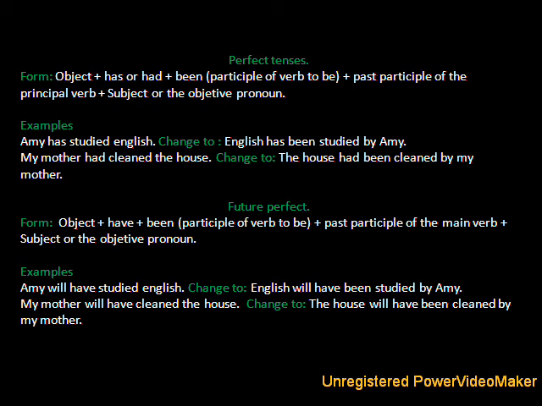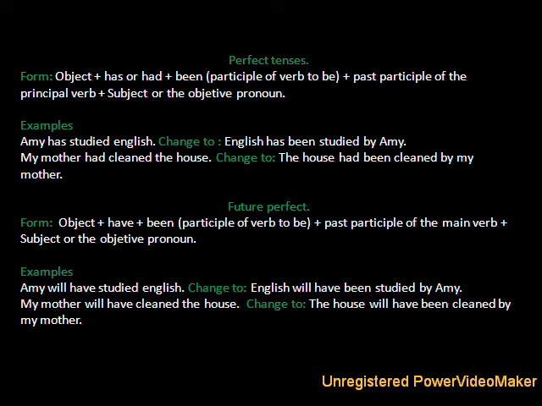So the examples will say, Amy has studied English. That changes to English has been studied by Amy. Another example says, my mother has cleaned the house. That switches to the house has been cleaned by my mother.